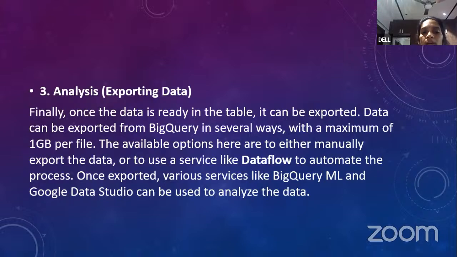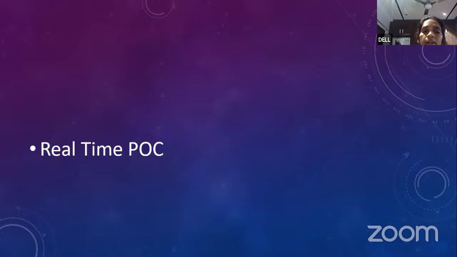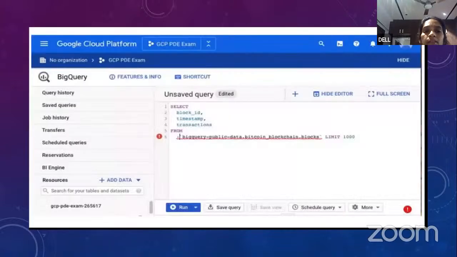The available options are to manually export the data to a service like Dataflow. So many services are there that we can use for analysis and export. Once we process the data, we can export it into different tools. Here I'm showing one real-time POC: once you open the Google Cloud platform, you can see BigQuery like this.